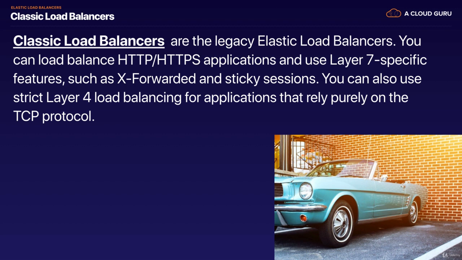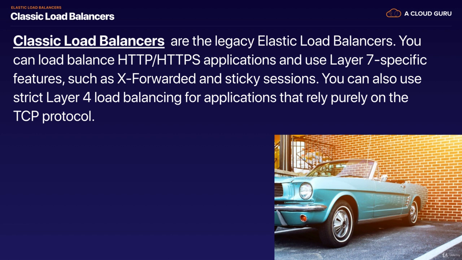And then we have our classic load balancer, and this isn't a Tesla by any means. So these are the legacy elastic load balancers. You can load balance HTTP and HTTPS applications and use layer 7 specific features such as X-Forwarded-For and sticky sessions. So you can still use X-Forwarded-For and sticky sessions, but it's not application aware. It doesn't do it at the layer 7 level.